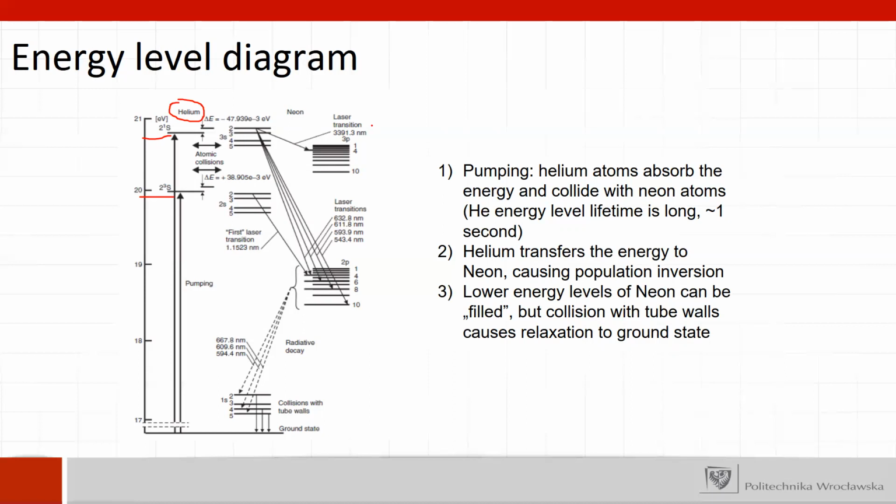So we increase the probability of collisions between the helium and neon atoms, right? The helium atoms collide with neon, and they transfer the energy to neon, causing population inversion in neon. Okay, so now we have population inversion in neon.